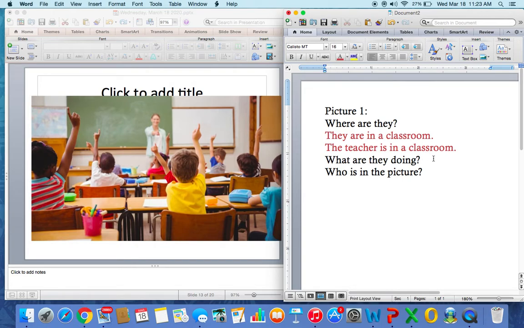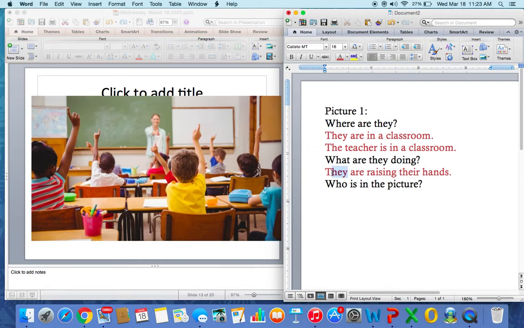So let's look at what are they doing? Well, if you look at the children, you can say they are raising their hands, because you see that their hands are up. So they are raising their hands.